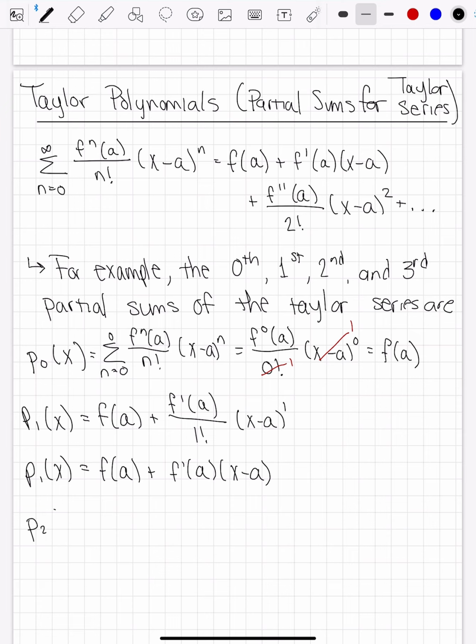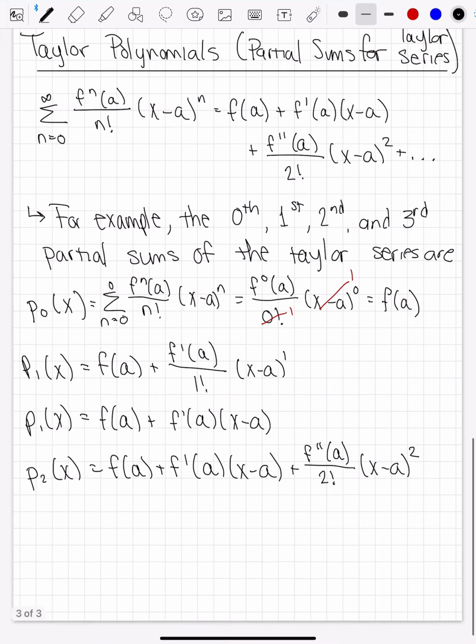And then P2 of x: now we bring down those first two terms, and then we plug in when n is 2. So that becomes the second derivative at a over 2 factorial times x minus a squared.